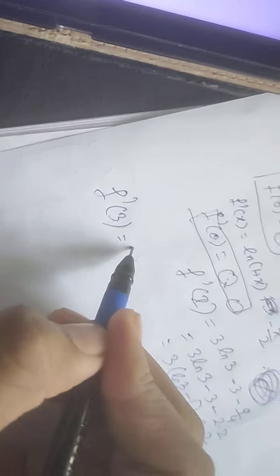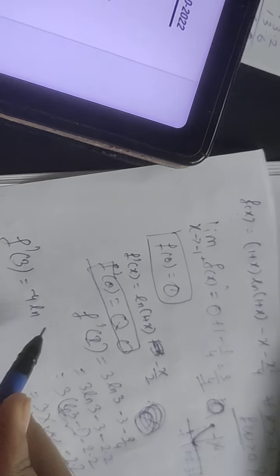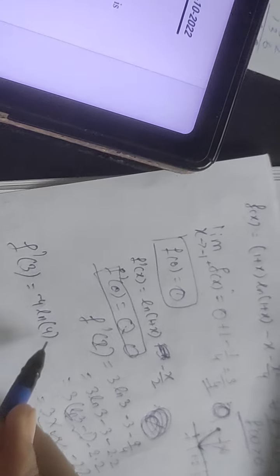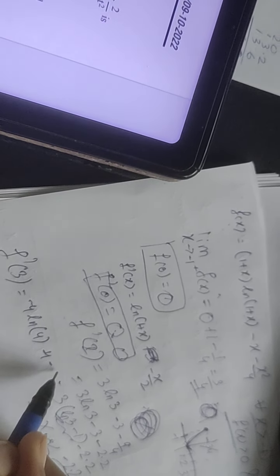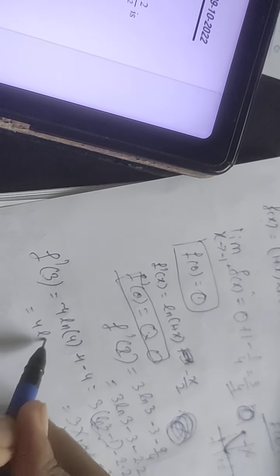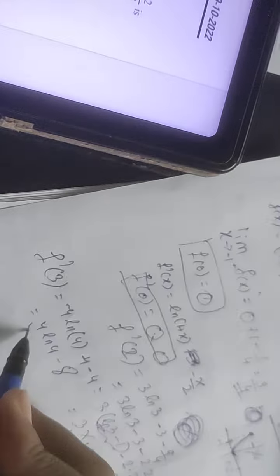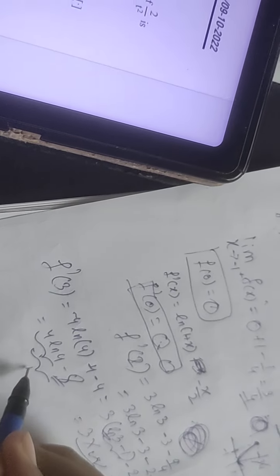Now put f dash 3 here, so it would become 3 plus 1, 4 ln 4 minus 4 minus 16 by 4, which is 4. It would become 4 ln 4 minus 8. Now as you can see 8 is definitely bigger than this, so this would become negative.